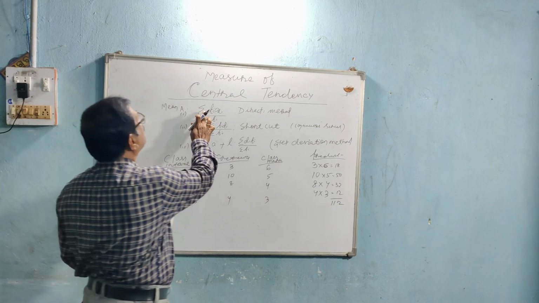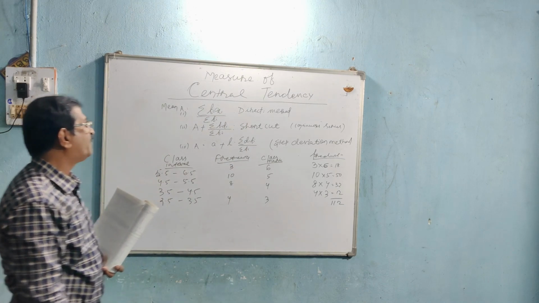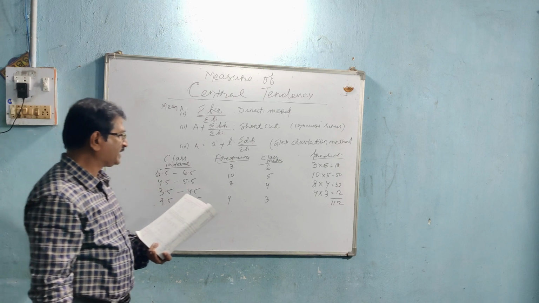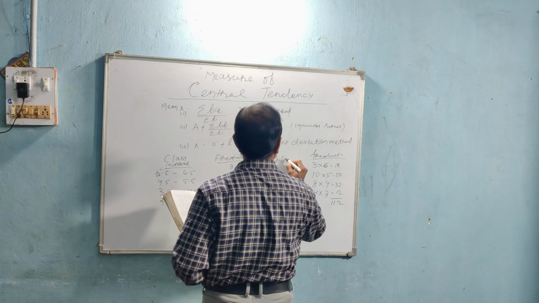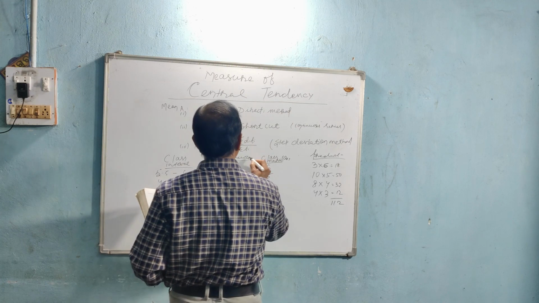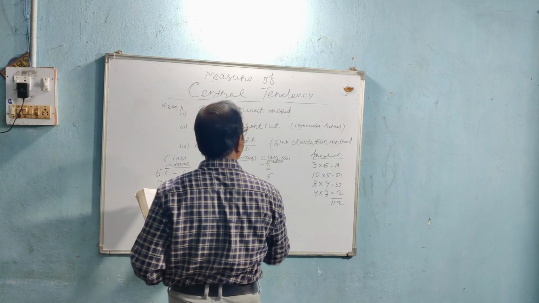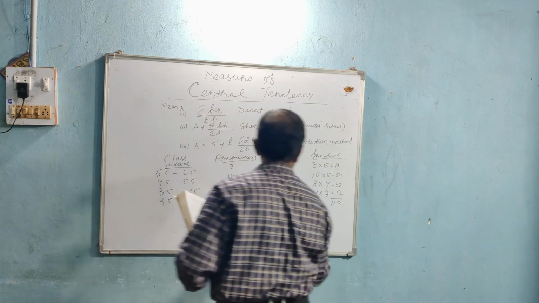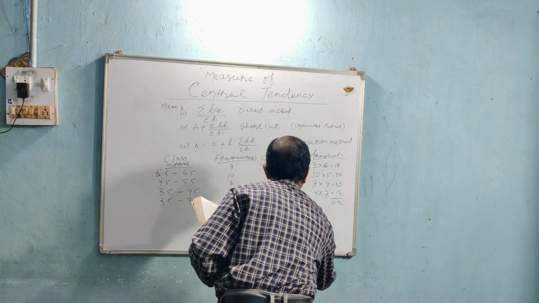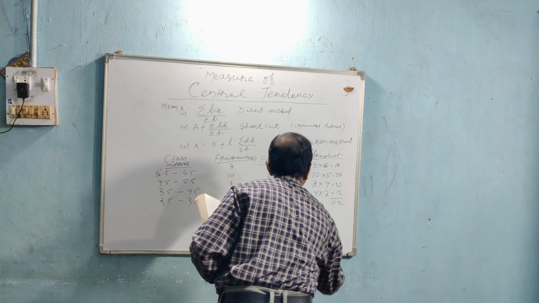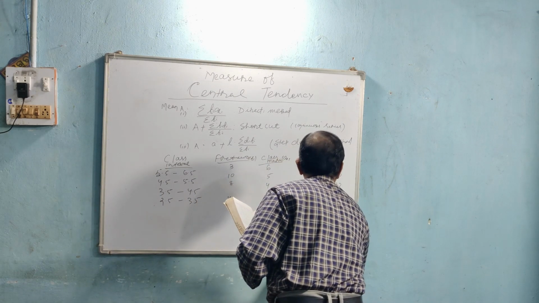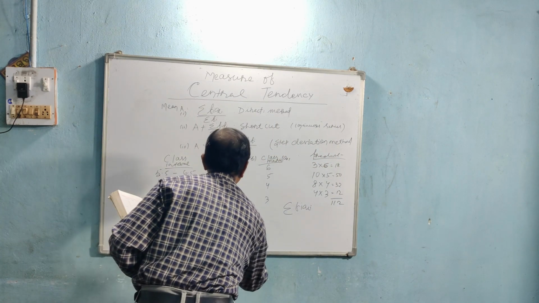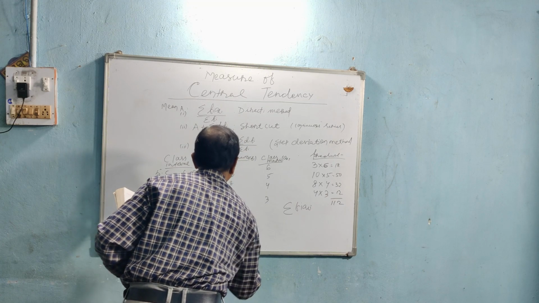The method says sigma fi xi by sigma fi, where the class marks are indicated as xi and the frequencies as fi. Sigma fi xi is coming to 112, and now you have to find sigma fi.